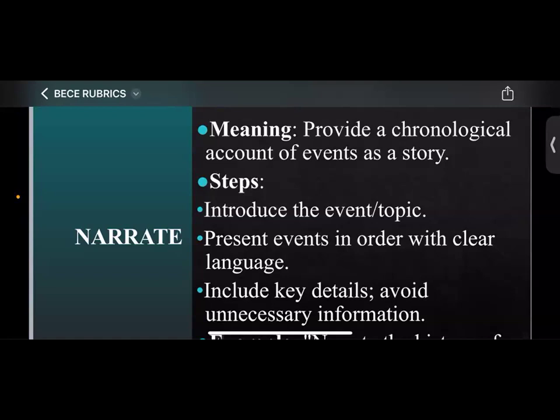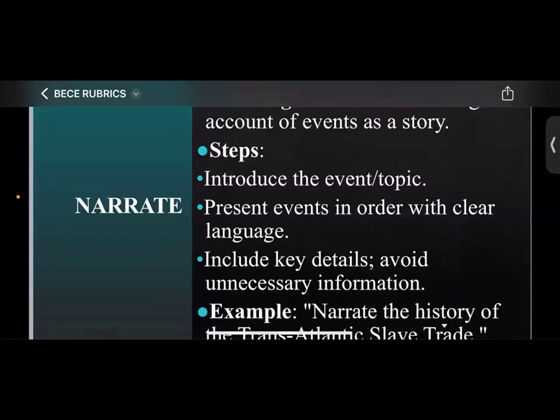So the steps: you introduce the event or topic. You devote about one paragraph to introduce what the birth of Christ and its significance is all about. Then you start presenting events in order with clear language. We should not try to impress the examiners by using words that are far-fetched.